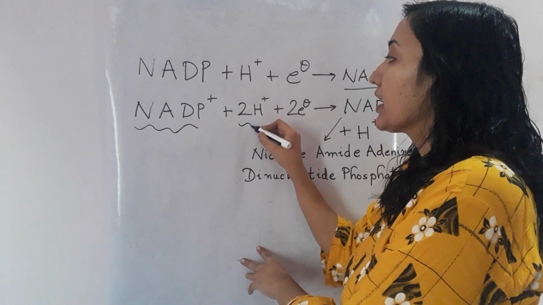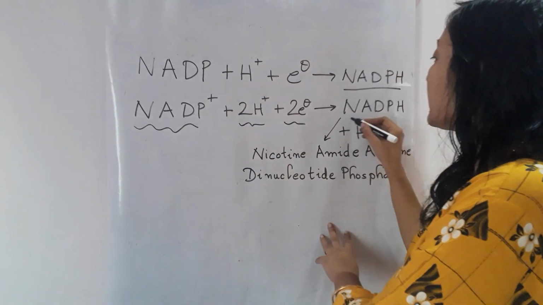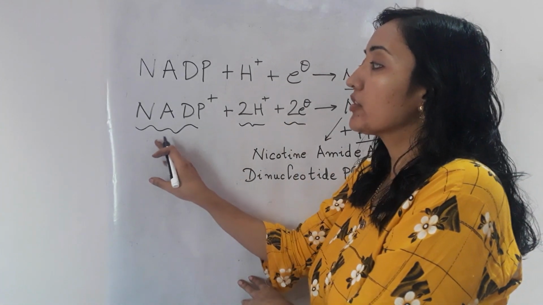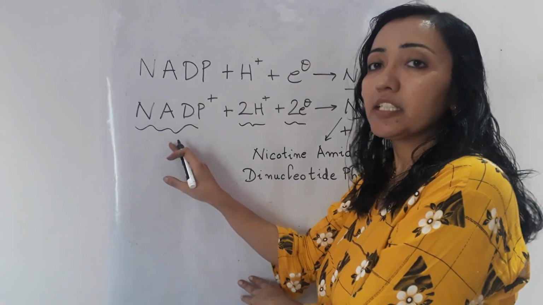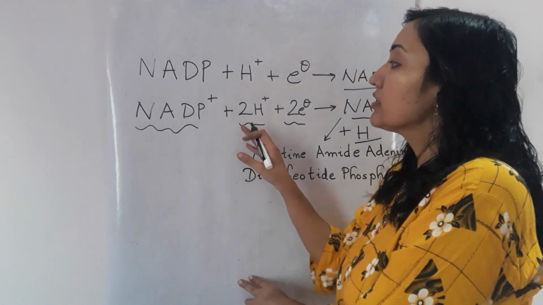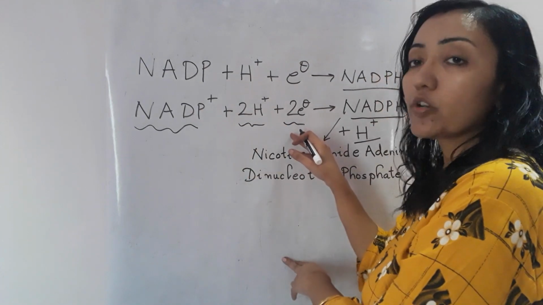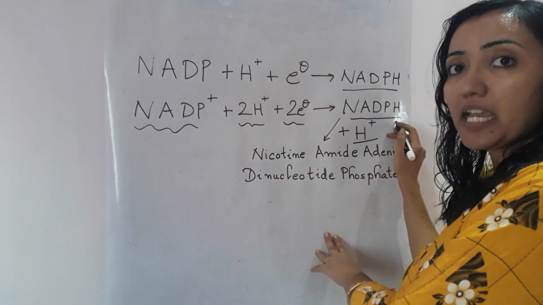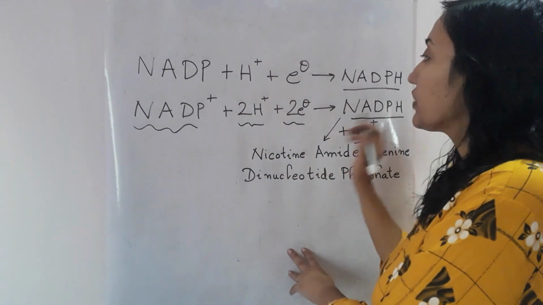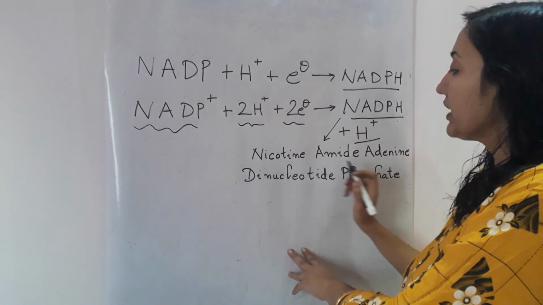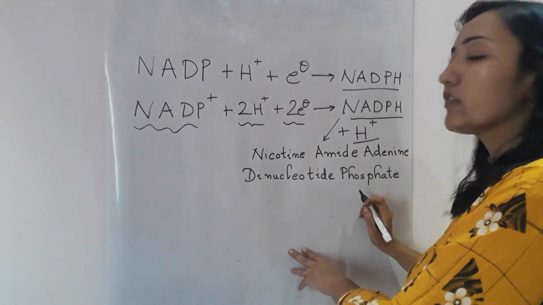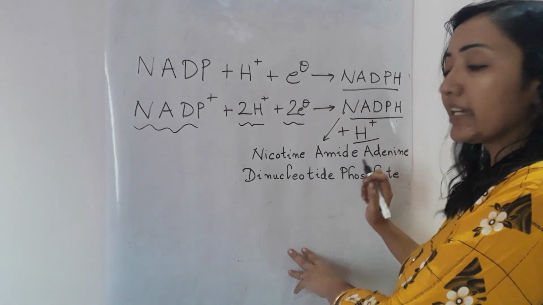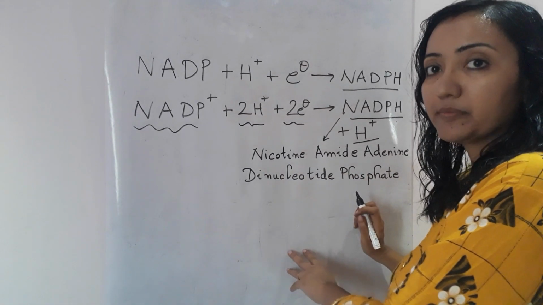So 2 hydrogen ions and 2 electrons are added, and NADP plus becomes NADPH plus H plus. The full form of NADPH is nicotinamide adenine dinucleotide phosphate.